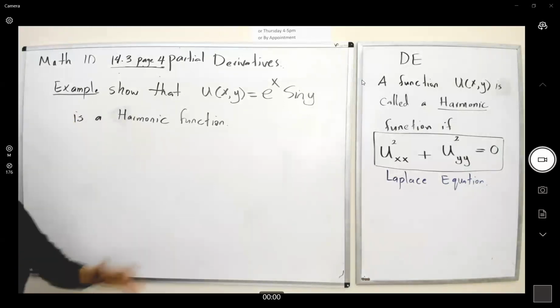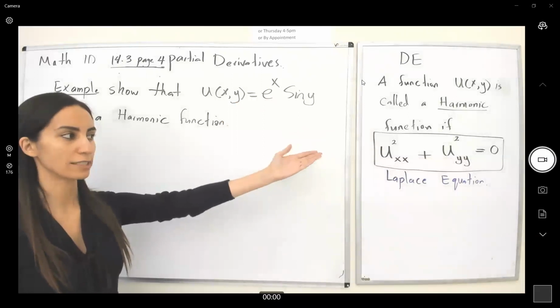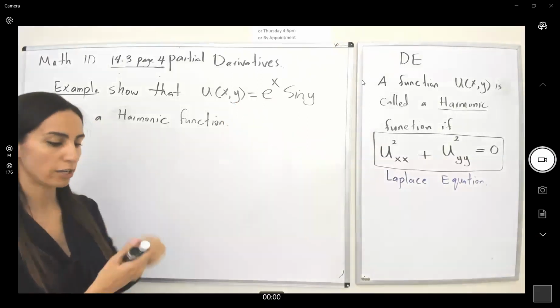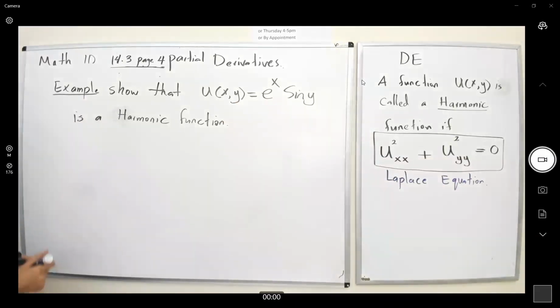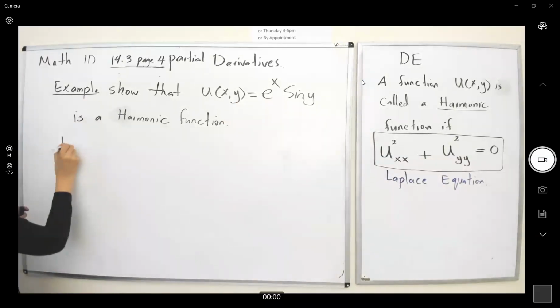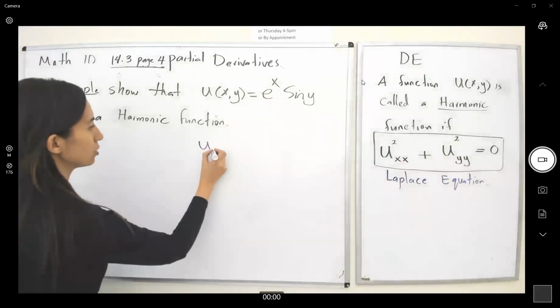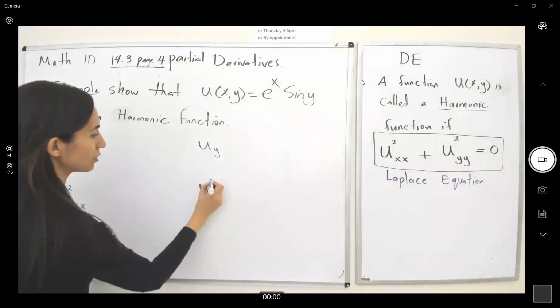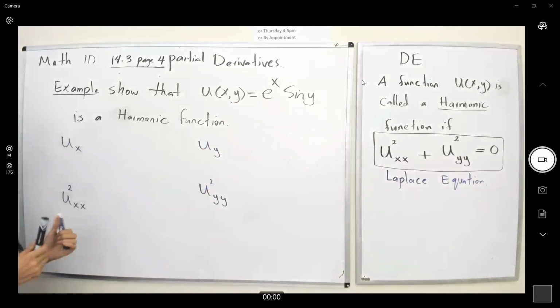Well, to show that this is a harmonic function or satisfies the Laplace equation, we need to find the second derivatives of this function. So we need u x, then we need the second derivative of the function with respect to x. We also need u y and the second derivative of the function with respect to y.